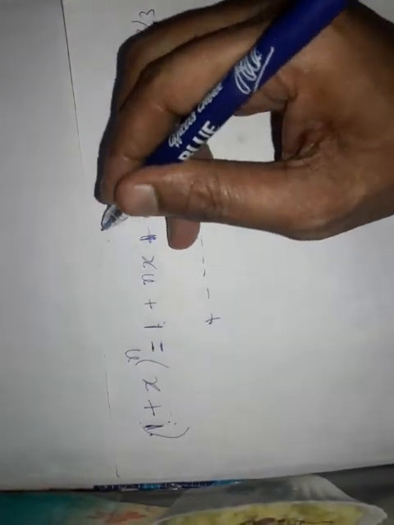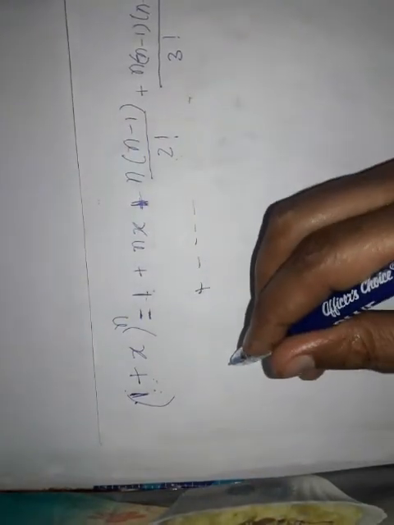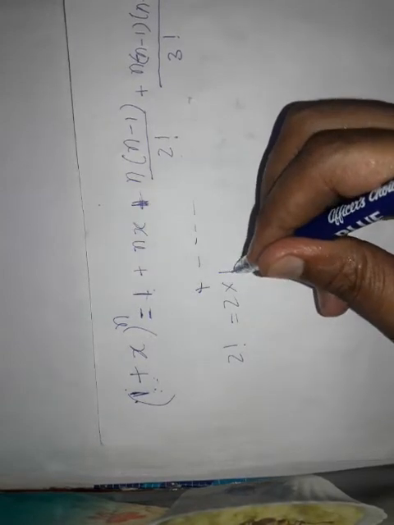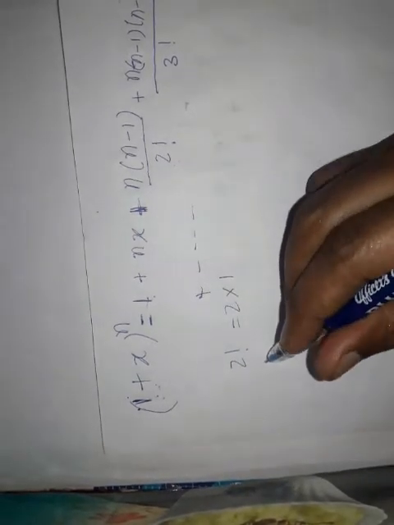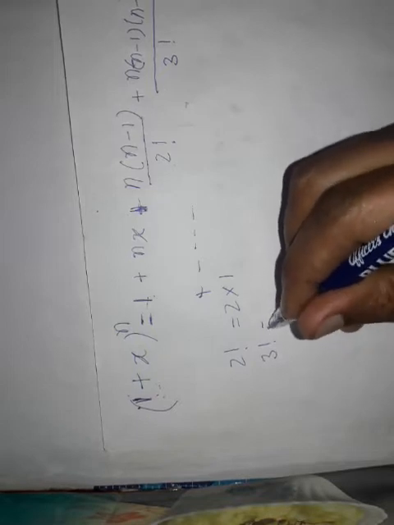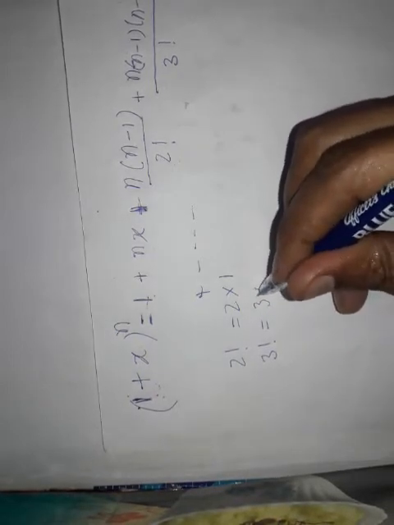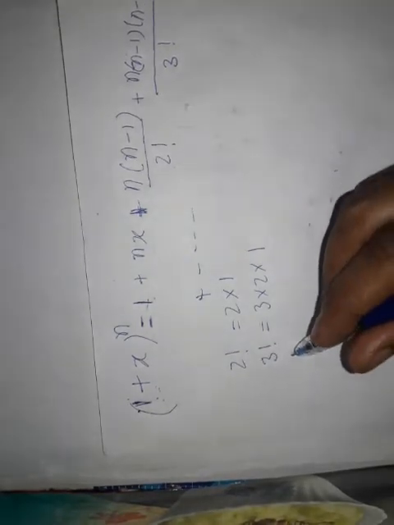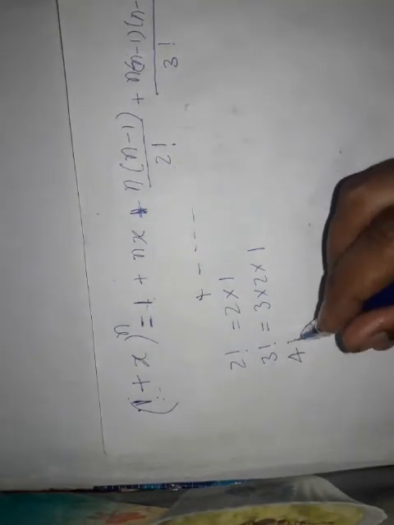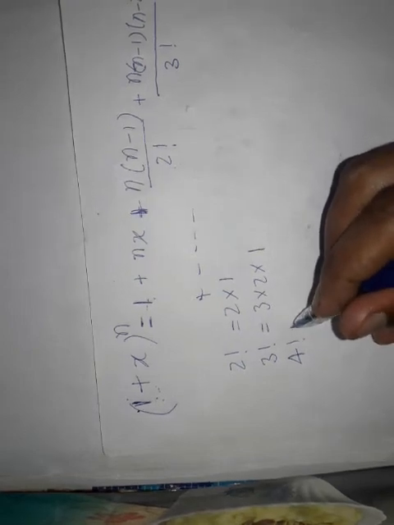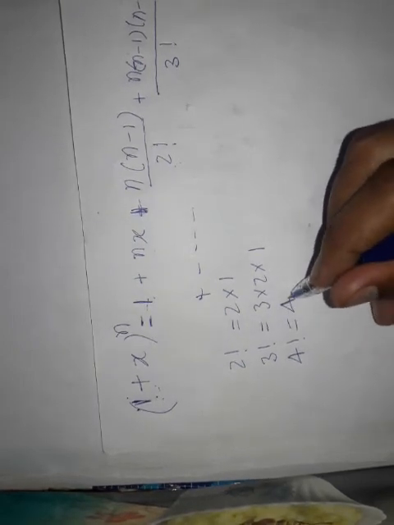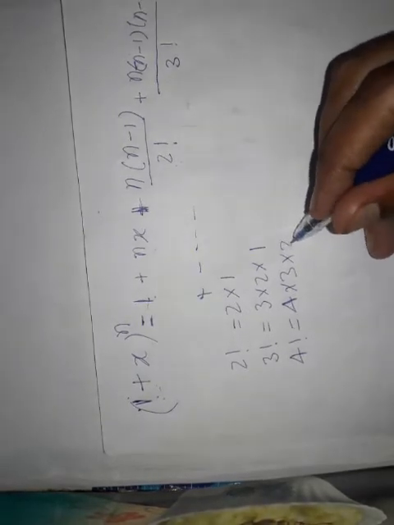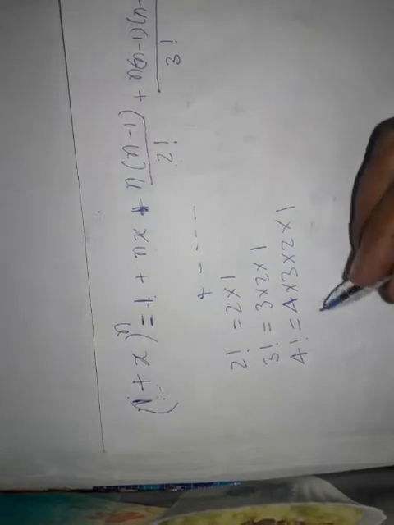Observe this, factorial 2 equal to 2 into 1, and meaning of factorial 3 equal to 3 into 2 into 1. Similarly, what will be the value of factorial 4? 4 into 3 into 2 into 1, and so on.